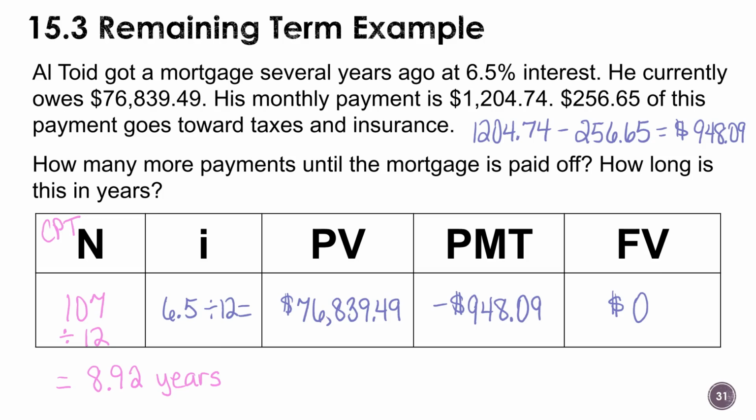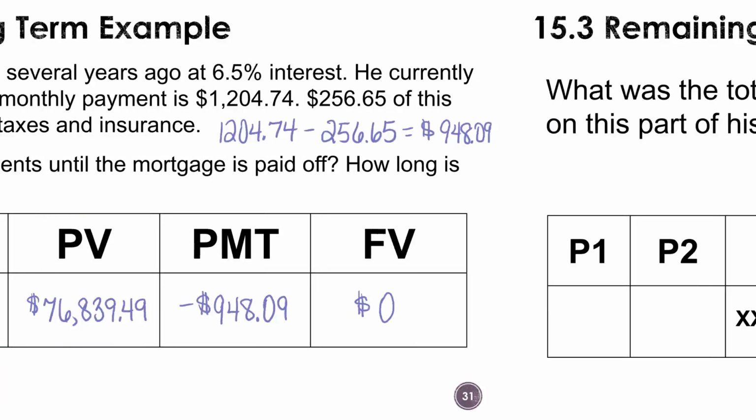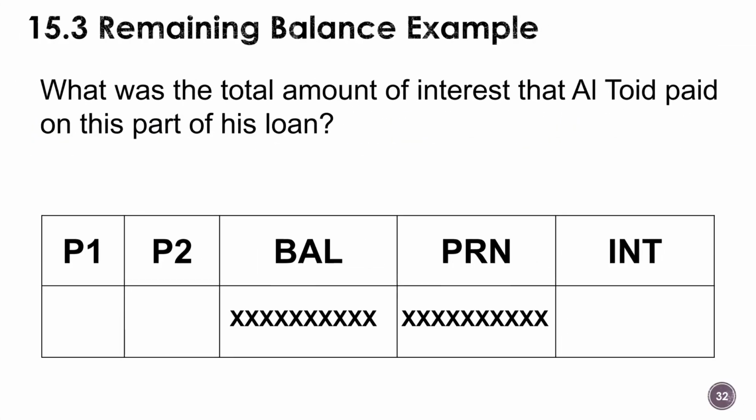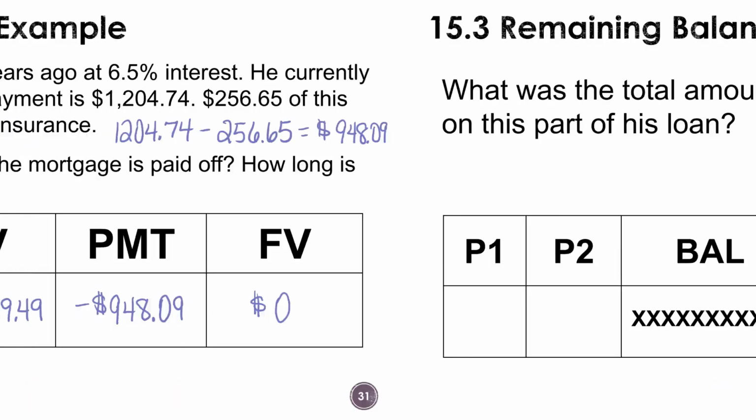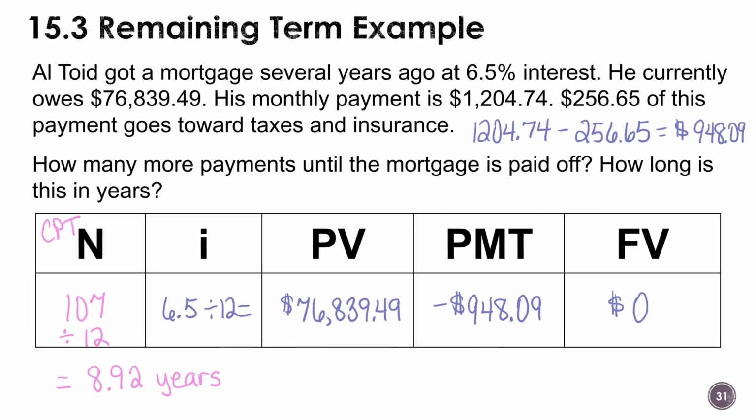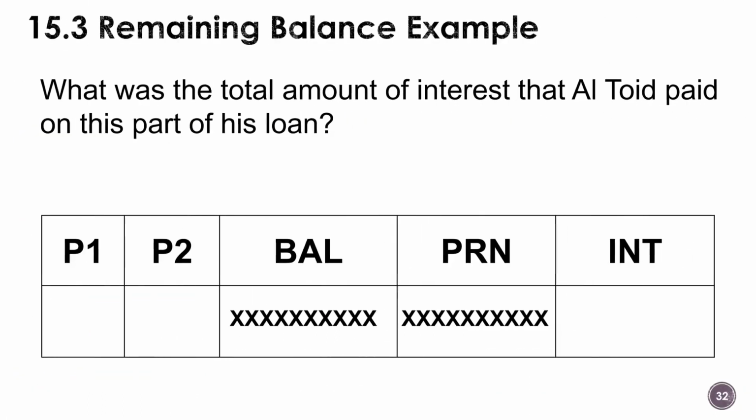Okay, and then on the next slide, I've got the X's in here now. What was the total amount of interest that Altoid paid on this part of his loan? Remember, this was only part of the loan because he had been paying already. So it turns out that this part of the loan was 107 payments. So we're going to say from payment 1 to payment 107, and payment 1 was somewhere after he had already gotten the loan for several years.